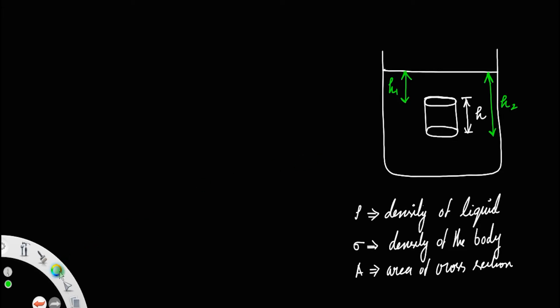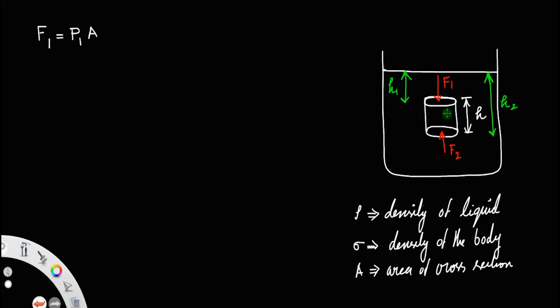Now we have the different forces acting on the body. The force acting on the top surface of the body is F1 and that at the bottom surface is F2. Force is always pressure times area. F1 is the pressure at the top surface into area.